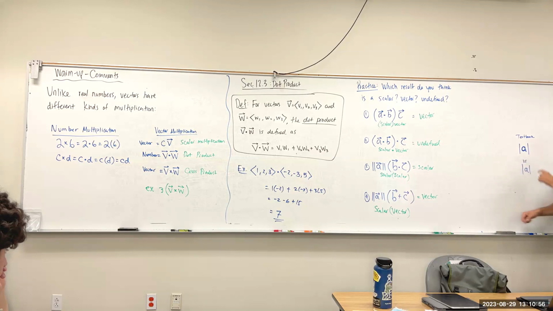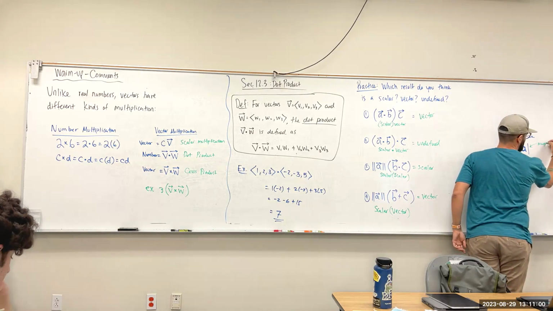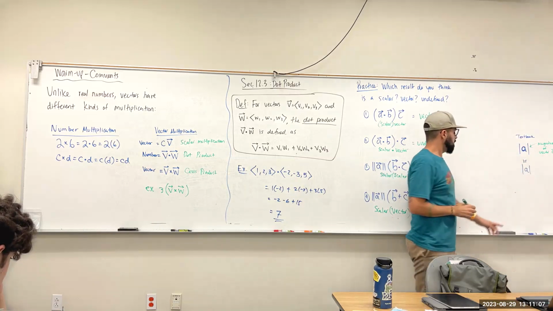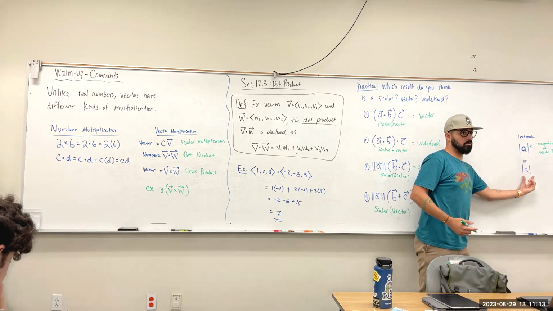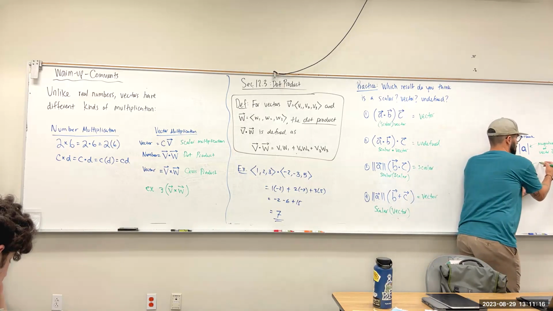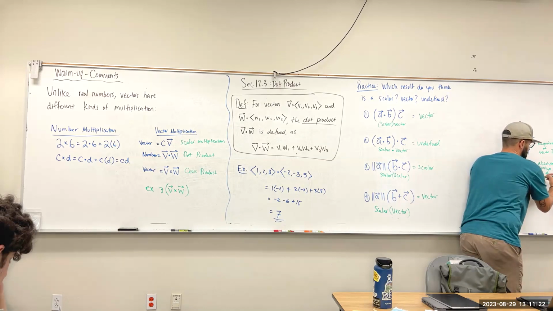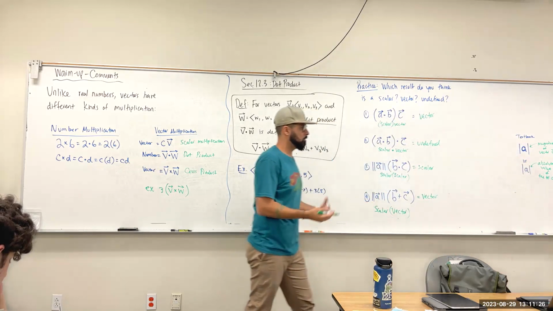Magnitude. So in this case, this is talking about the magnitude of vector A. But if the letter inside is not bolded and you're told it's a scalar, then now these vertical lines mean what? It means absolute value of the number A. Okay? So just some notation stuff.